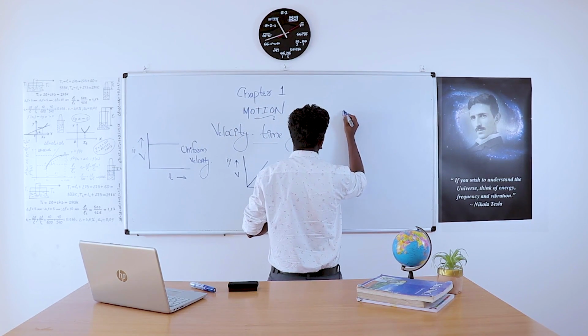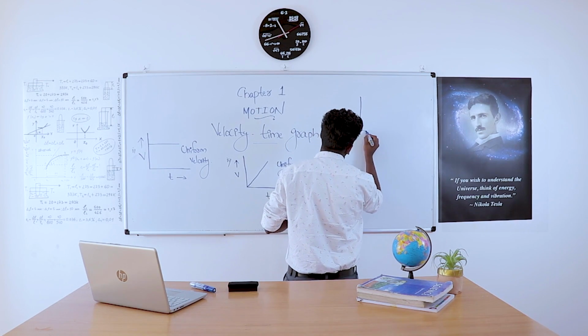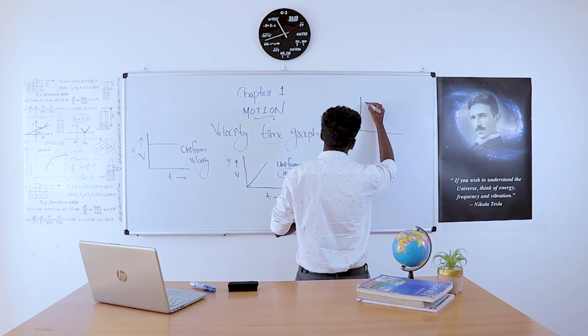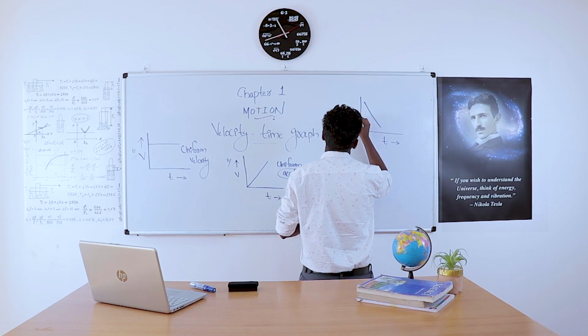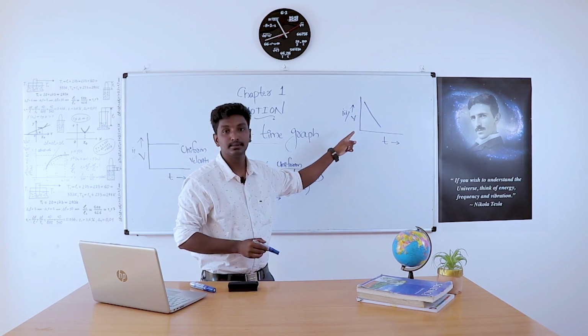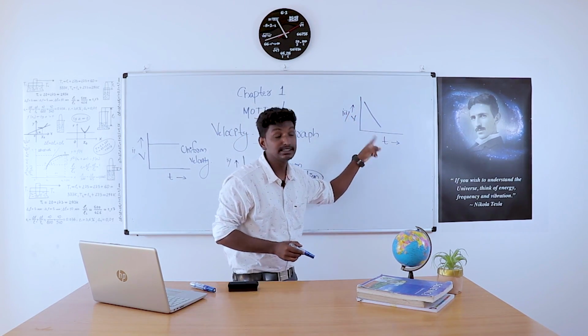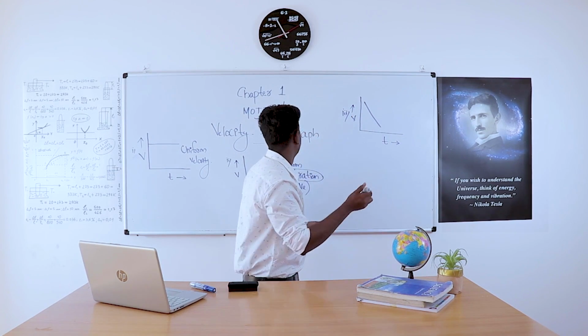Now moving to the third one. Time along x-axis and velocity along y-axis. We get a straight line like this, but this is a decreasing graph starting from the top and going downwards.